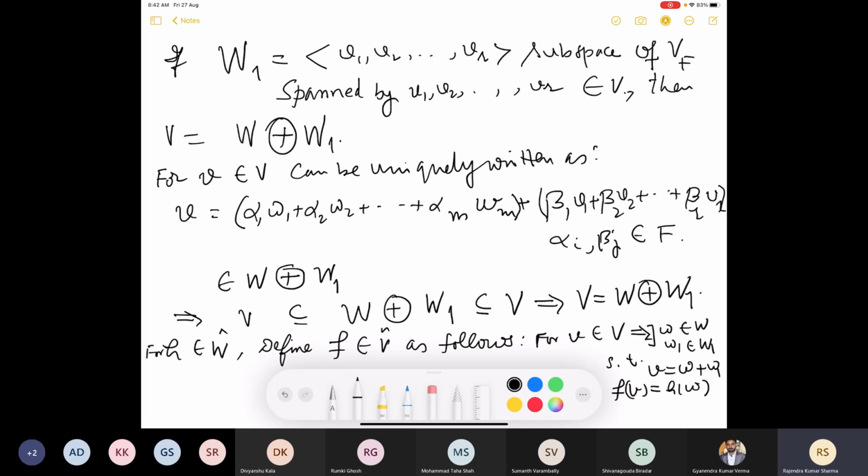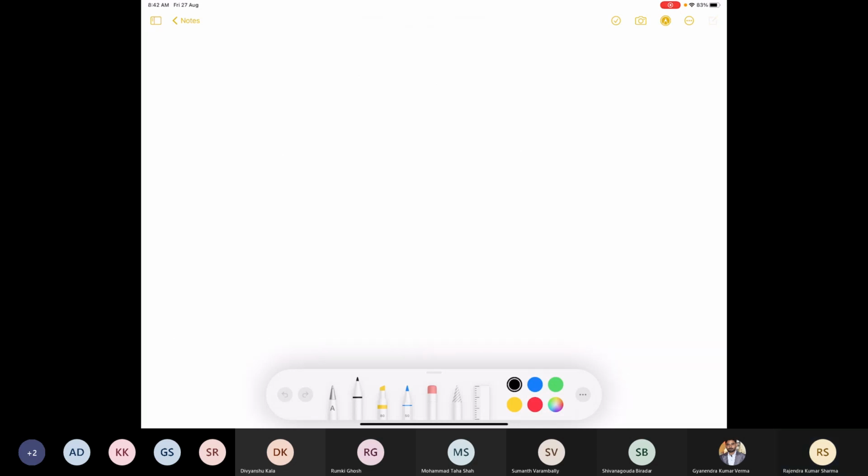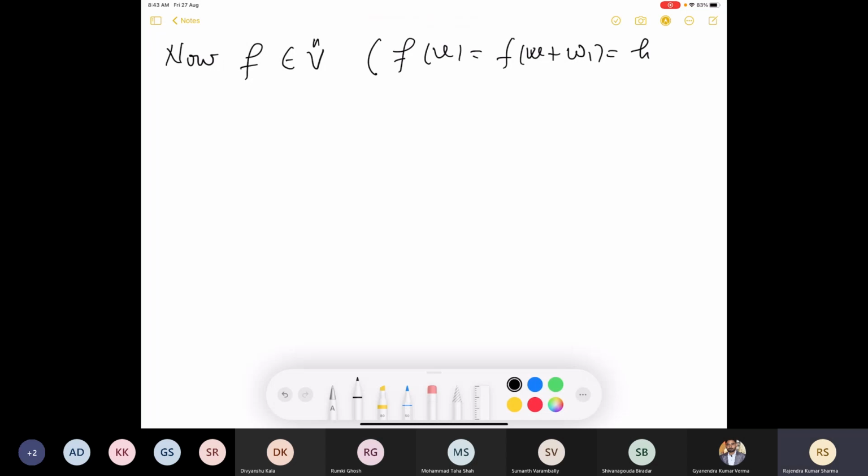You can prove that this f is in fact in V hat. Recall how this f is defined: f of v is f of w plus w1, and this is h of w. That is how the map is defined.